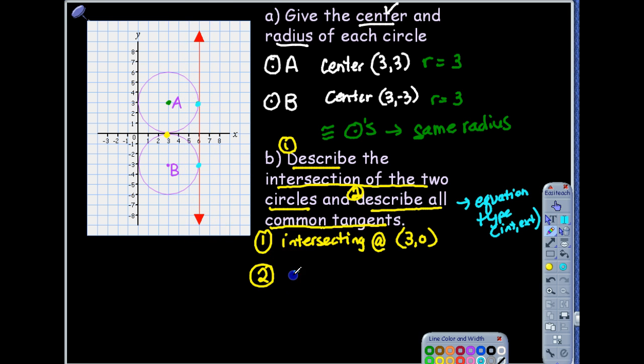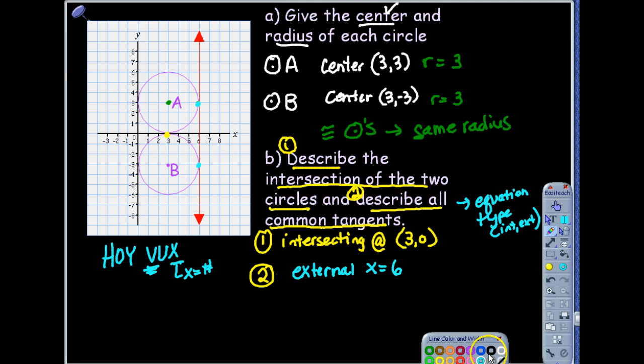That's external. It's outside of the two circles, not between them. For the equation, I'm thinking back to how this is definitely a vertical line, so the equation is going to be x equals some number. It crosses through the x value of 6, so x equals 6 is the equation of that line.